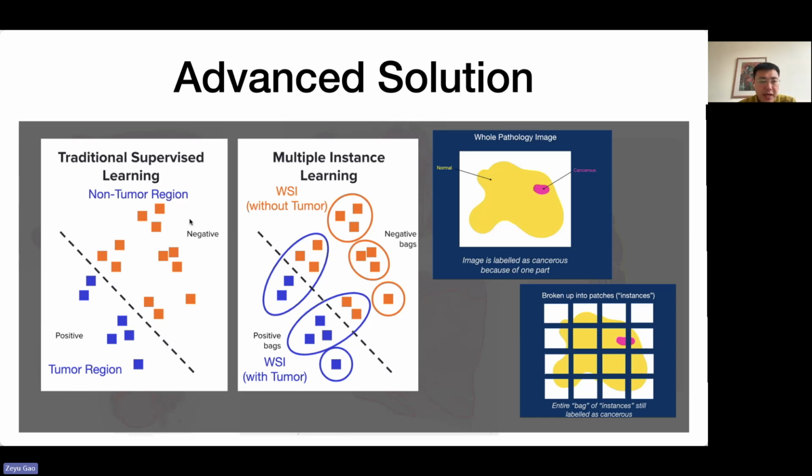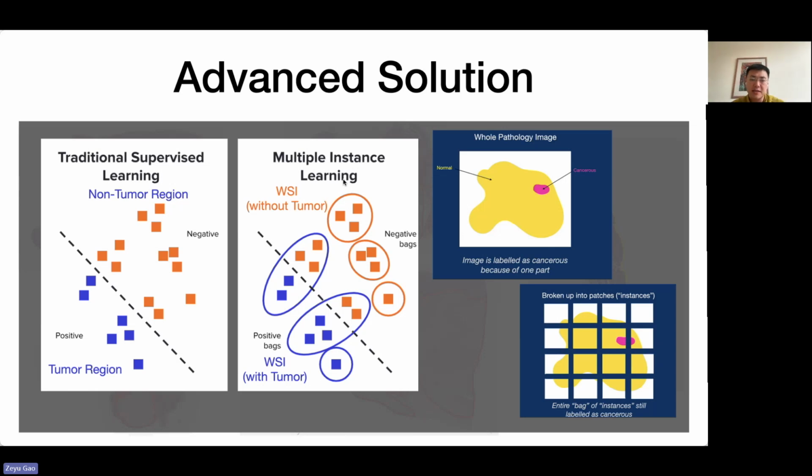The traditional way is you need annotation, like you need to know which part of the region is positive and which part of the region is negative. But now we have multi-instance learning, which has the concept of the bag, right? If the bag contains all negative patches, we call it a negative bag.